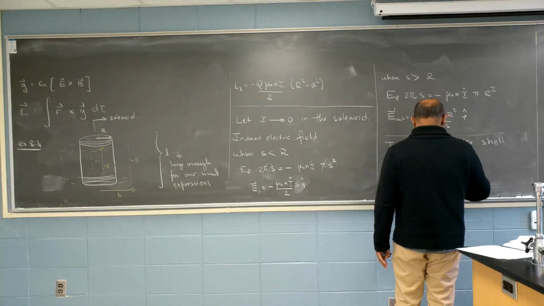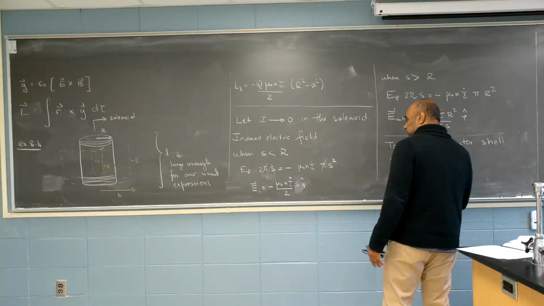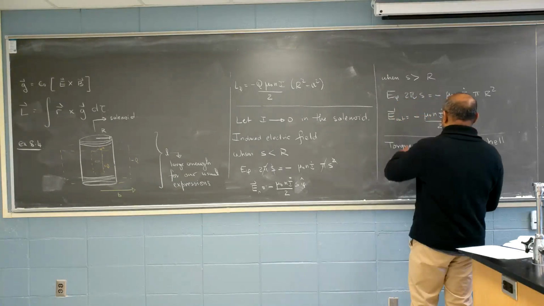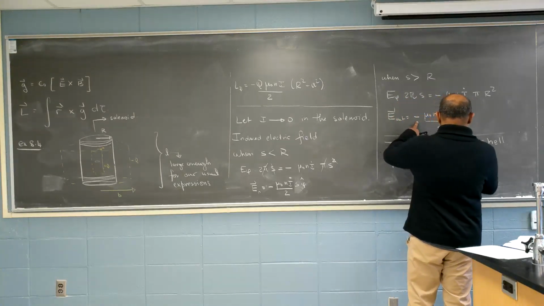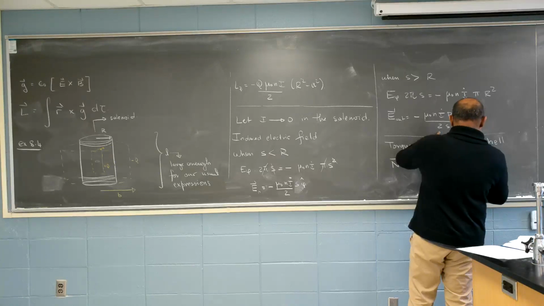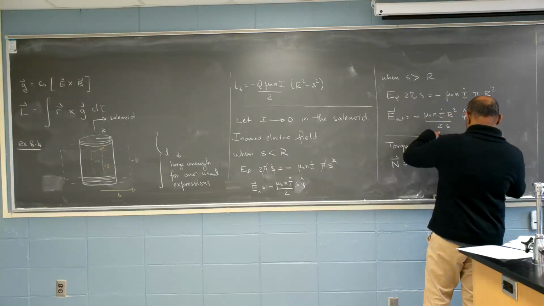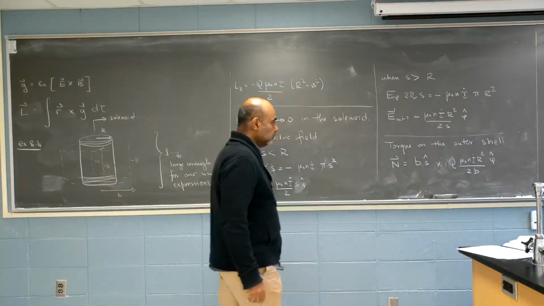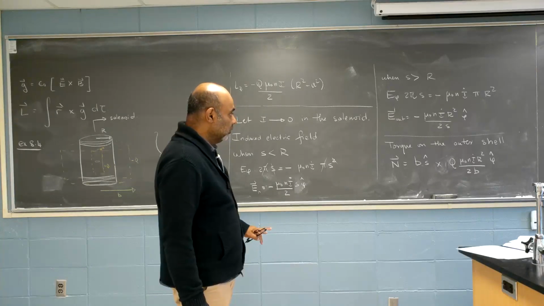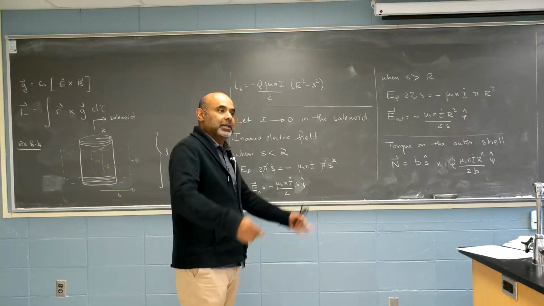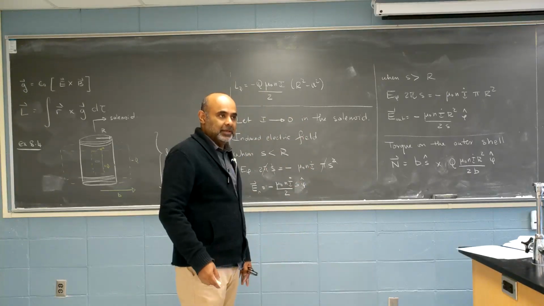So r cross F. F is Q times E. It is minus Q times E out, well, sorry, plus mu 0 n I dot R squared over 2s. Then I didn't do lambda times integral over dz because it's all constant.